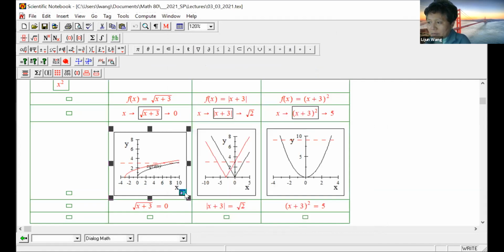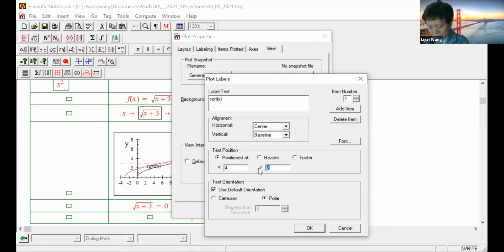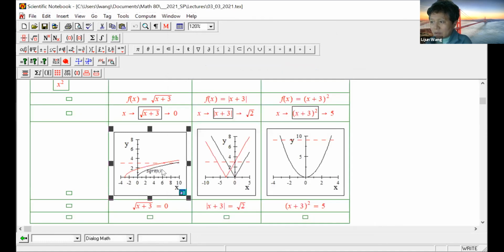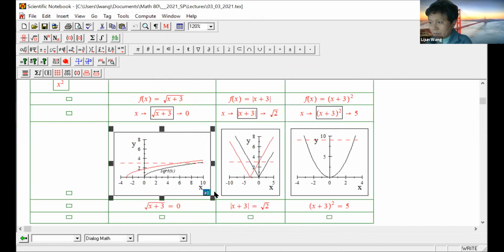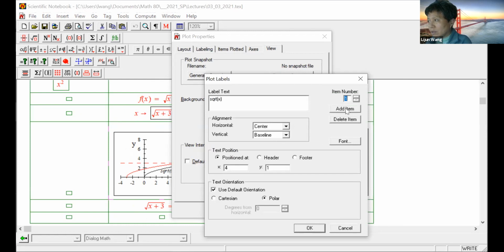That's the black curve. Do you guys see that well? This black one. The red one, what is the red one? Do you guys follow me?